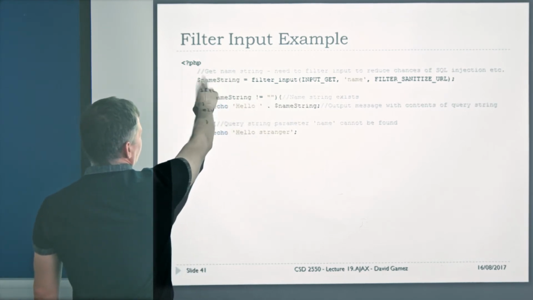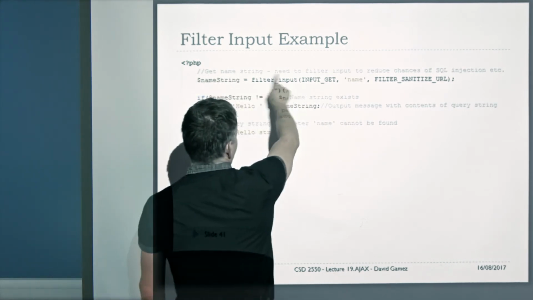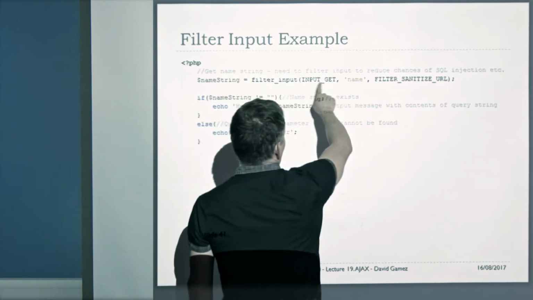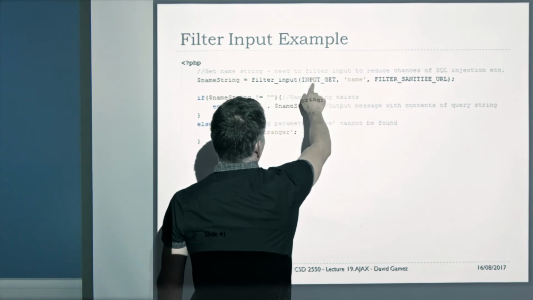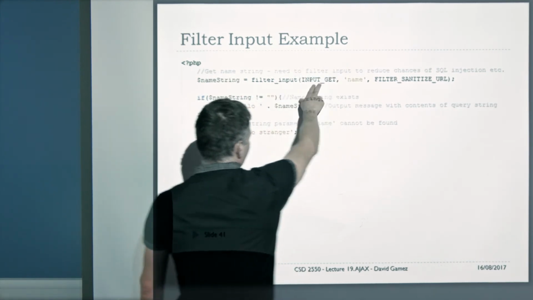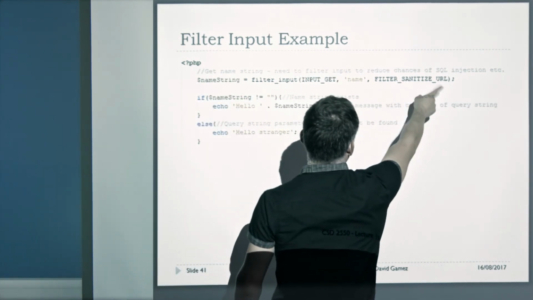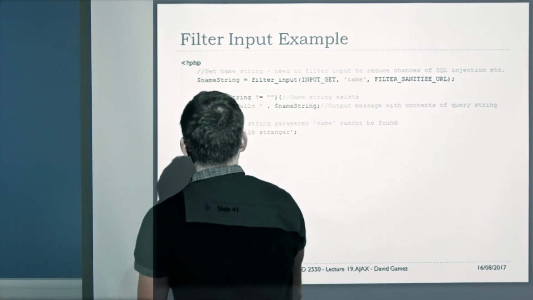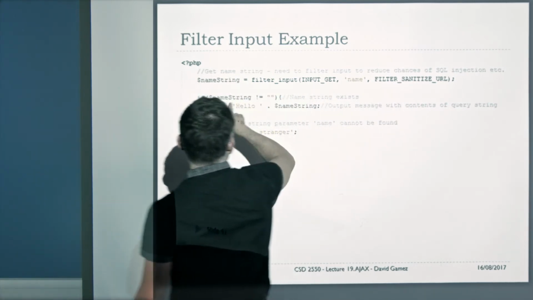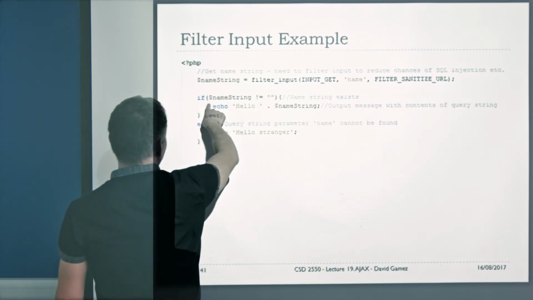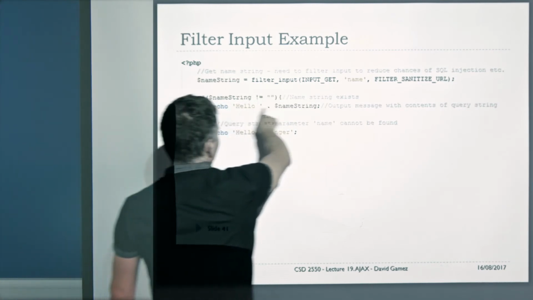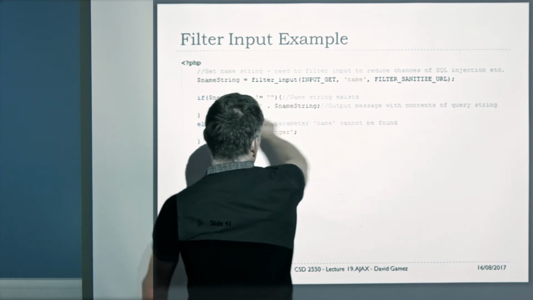So here we have the PHP variable name string, and we've got the filter_input method, and we want to extract the name key from the GET PHP variable, and this is the kind of filtering we want to apply. In this case, filter sanitize URL. If this returns an empty string, it just says hello stranger. If this returns a non-empty string, then it takes that value and just says hello.